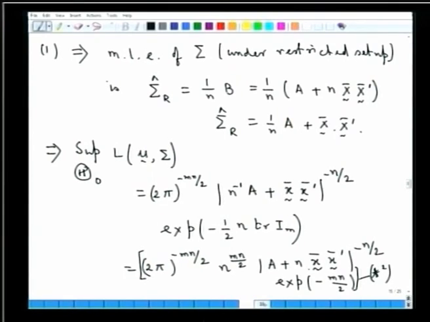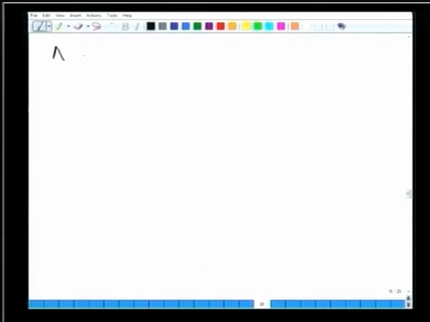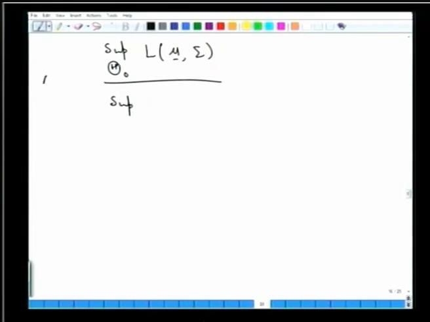So this would imply that this lambda, which was given by supremum under script theta naught of L mu sigma, divided by the supremum, I think I should just write this in the center. So this lambda, the likelihood ratio, is given by this term here, which is supremum over this. So this is the supremum under the unrestricted setup, and this is the supremum under the restricted setup.